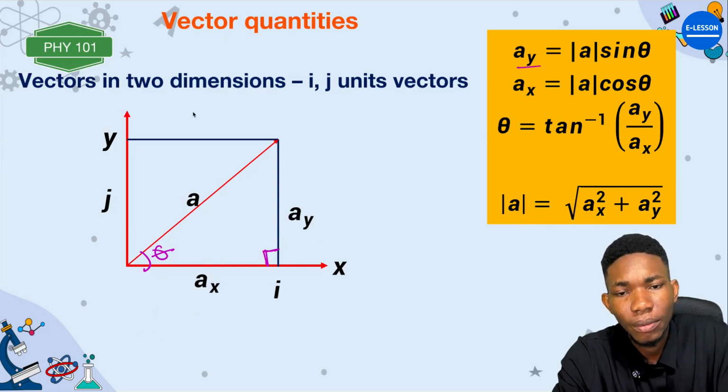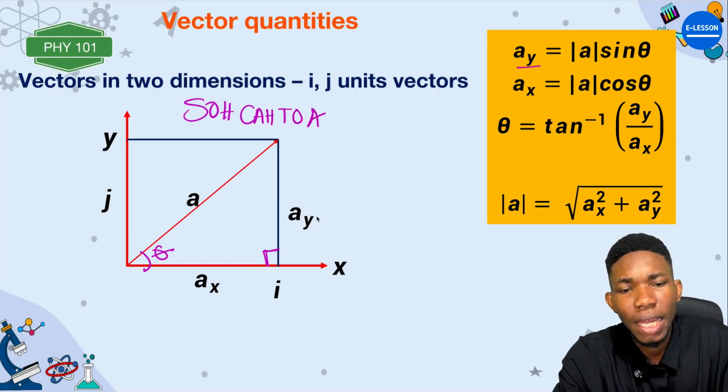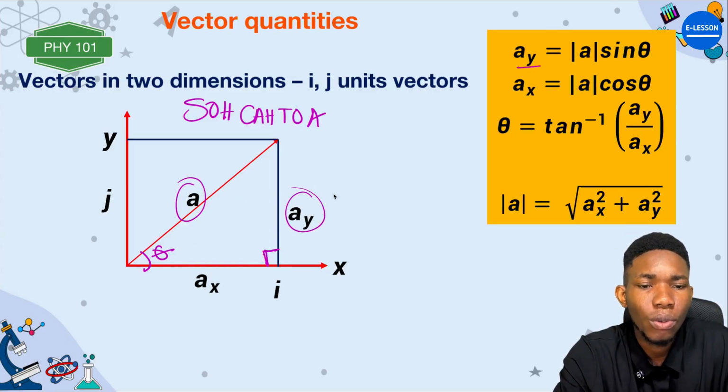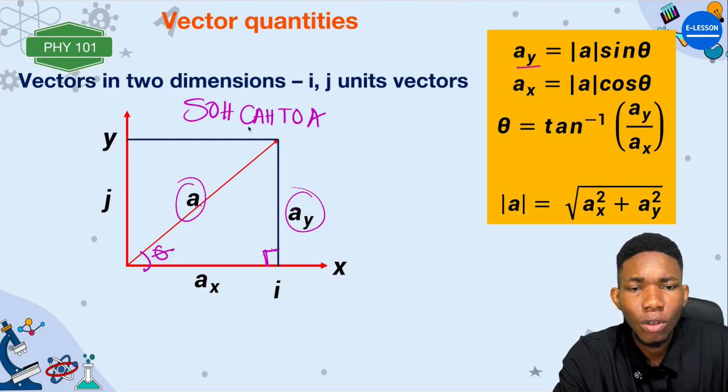From SOHCAHTOA, can you still remember? What is the relationship between A_y and A? It is hypotenuse and what? Opposite. Are you getting it? This one, opposite the angle, is the opposite. This one is the hypotenuse. You are looking for these two. The relationship is hypotenuse and opposite, and that is sine theta.